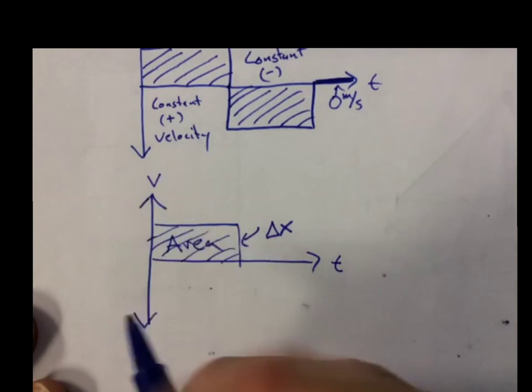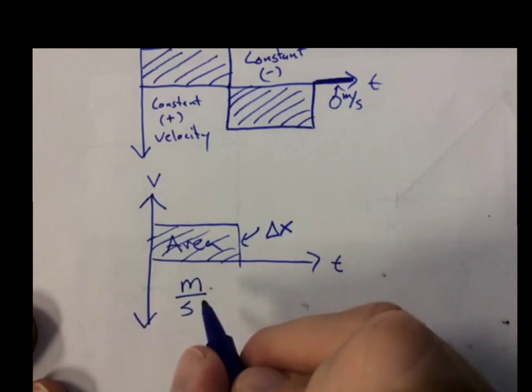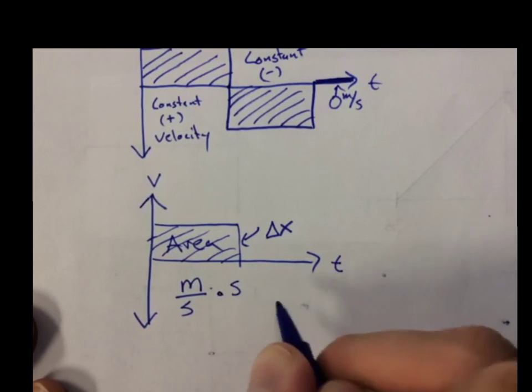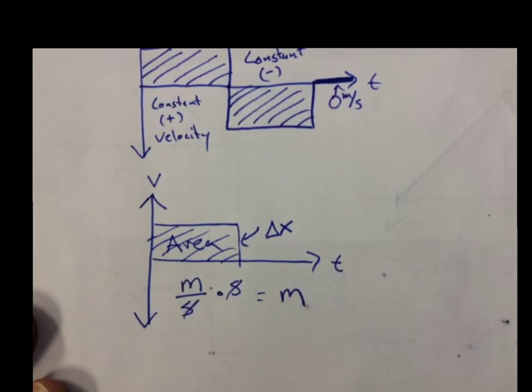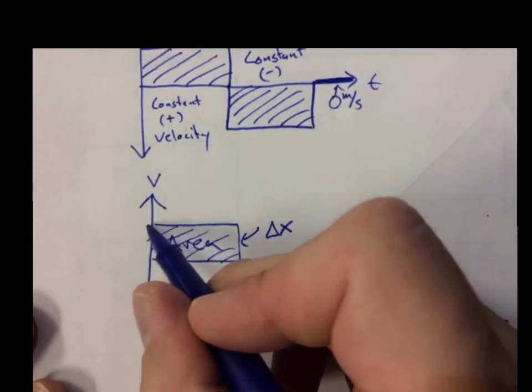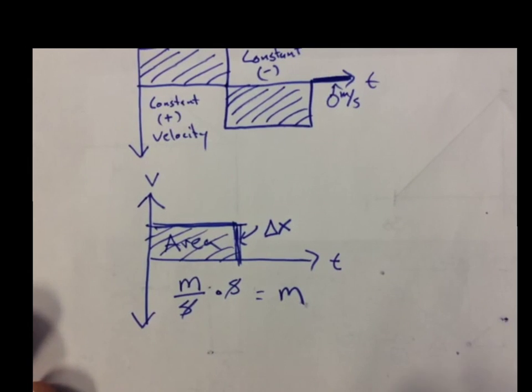And the neat little trick for how this works is you take the object's velocity and multiply it by the time, and that'll give you the units of meters, which is what we need for displacement. So the area between the velocity versus time graph and the axis is equal to the object's displacement.